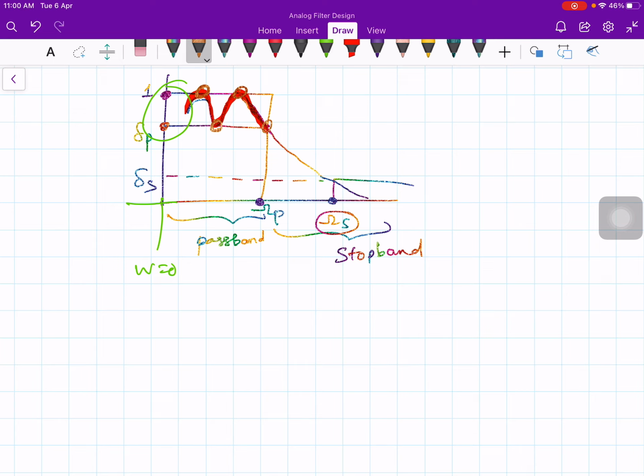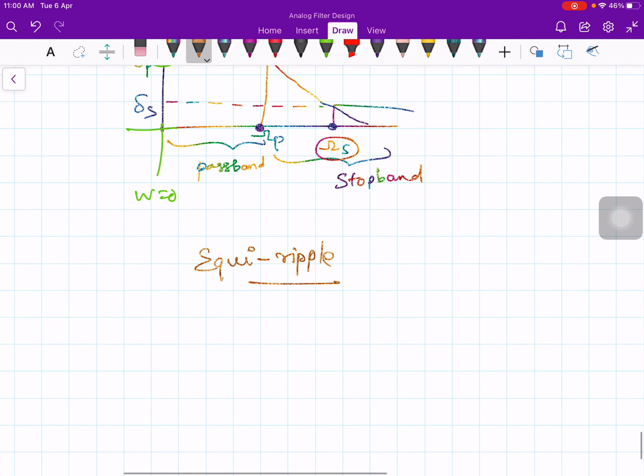The maxima reach equal amplitudes, the minima reach equal amplitudes. So it has equal ripple in the pass band, sometimes abbreviated as equiripple, and monotonicity in the stop band.